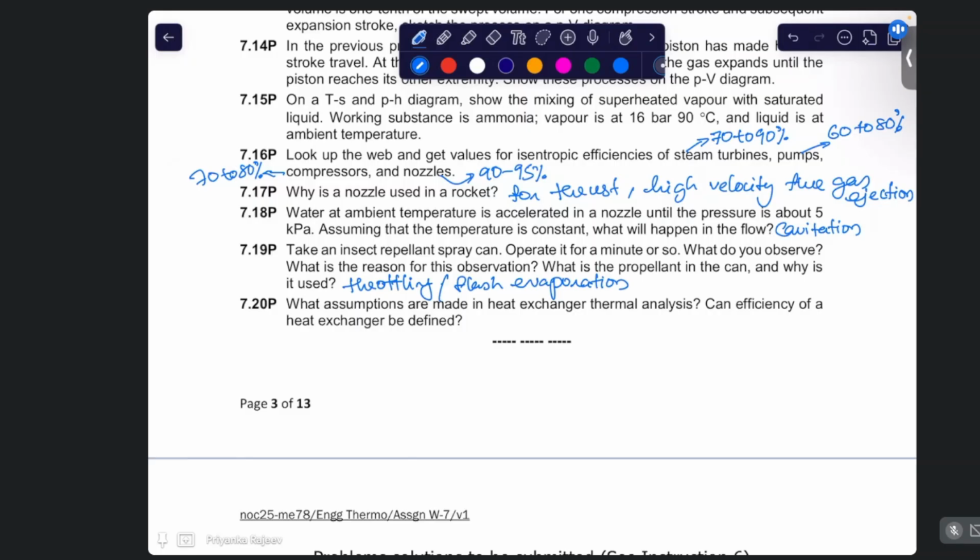Compressed liquid is inside the repellent spray can, and when you press the nozzle button, the propellant expands to atmospheric pressure. When that expansion happens, it partially vaporizes and absorbs the latent heat from the ambient. That causes a cooling effect. Okay, that's also called the Joule effect. Commonly propellants are CFCs. I don't know what is being used now.